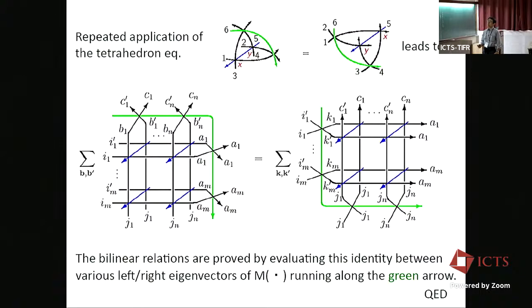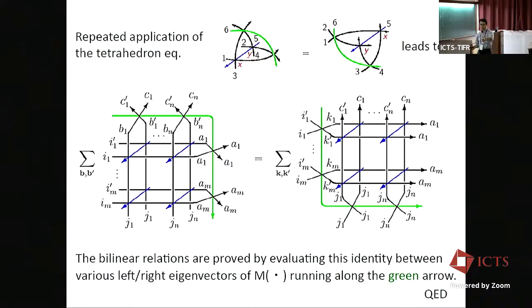Look at this piece of the diagram. It exactly fits this diagram, and you see that by the tetrahedron equation, you exchange the order of x and y from left-hand side to right-hand side. So x and y get reversed if you push the green arrow through. Starting from this place, you push the green arrow, thereby reversing the order of the x front layer and the y back layer.